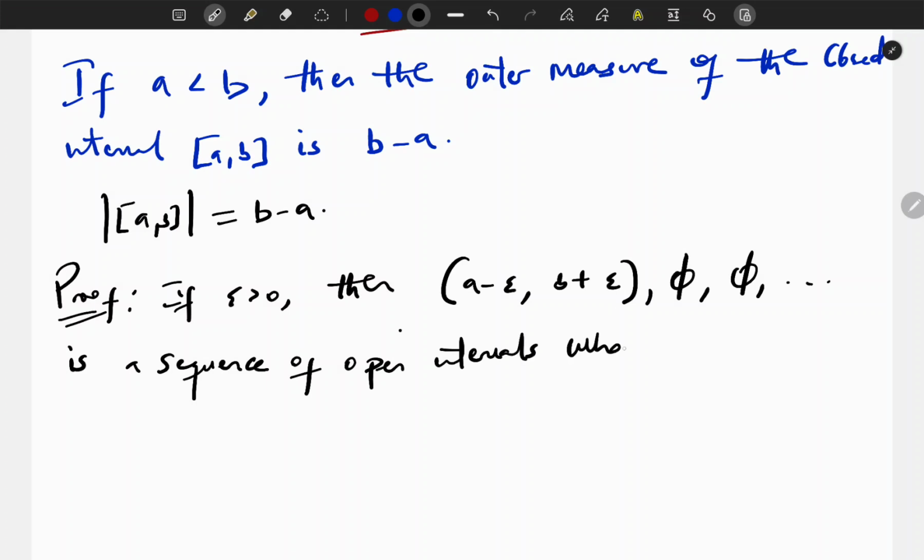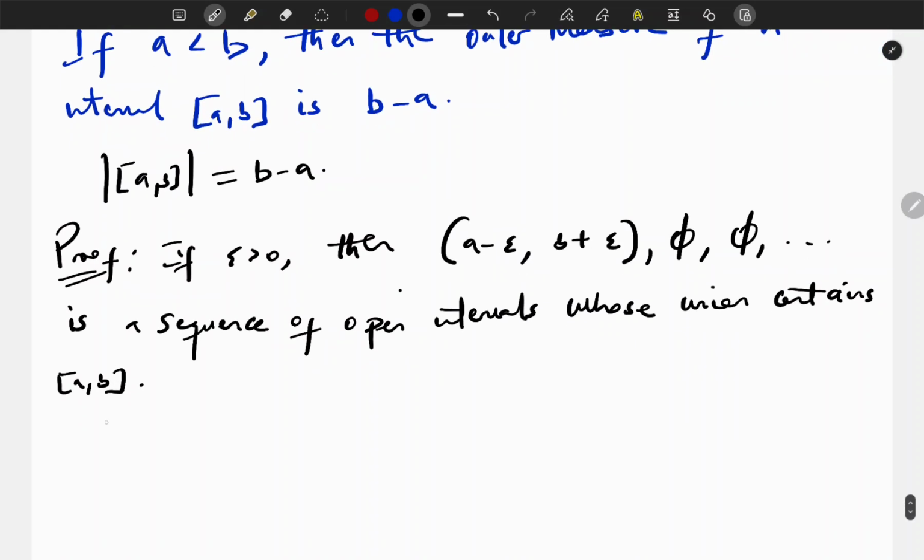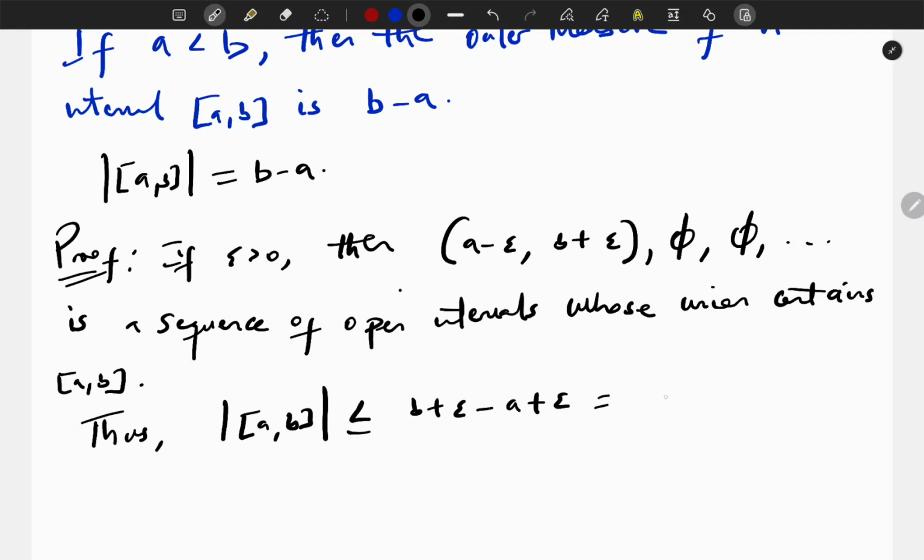whose union contains the closed interval A comma B. Alright, so if that is the case, thus the outer measure of this would be less than the length of this, which is B plus x_n minus A plus x_n, and that should give us B minus A plus 2x_n.